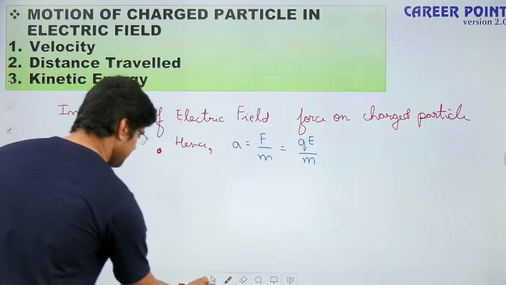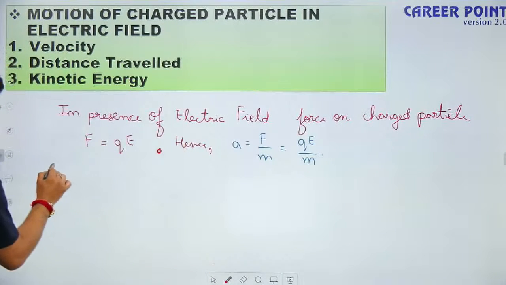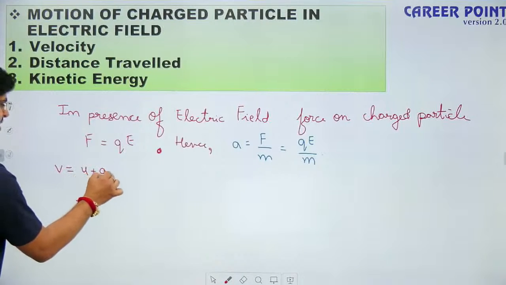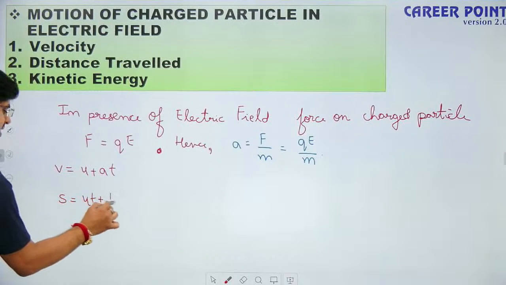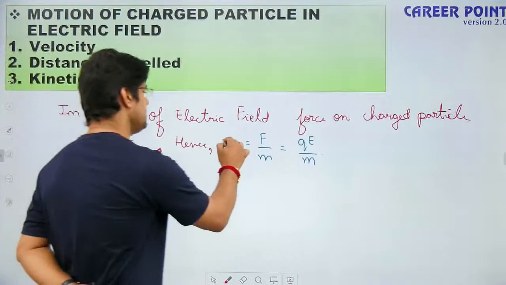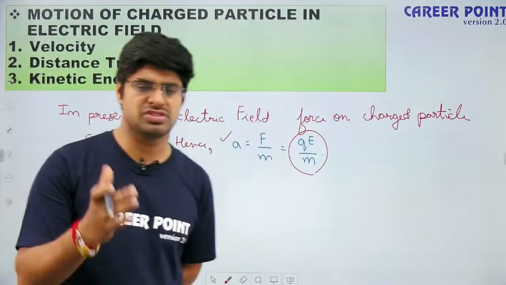If this is the acceleration in the presence of electric field on the charge present in that region, what can we say? We have already remembered these equations. V is equal to u plus at, and S is equal to ut plus half at square. We can apply these when acceleration is constant, not changing with time, because q into E by m is not going to change with time.